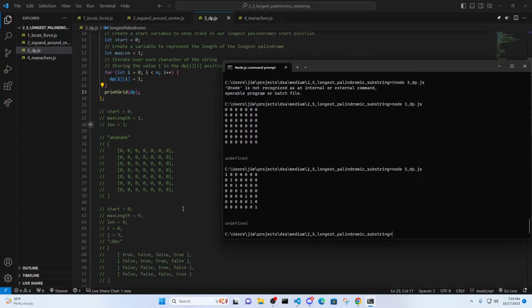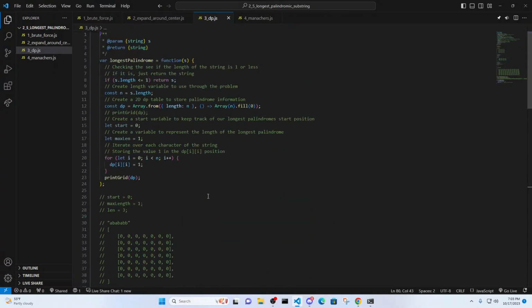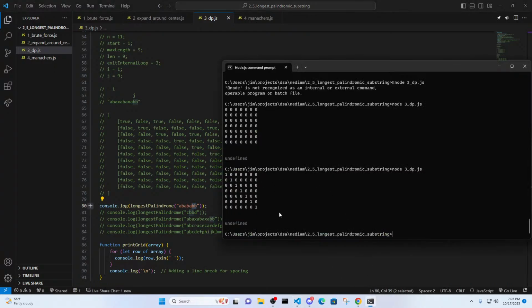So now, if you look at the string we have, it's A B A B A B B. Now we want to check to see if there are any palindromes with 2 characters in a row. In this string, we have 2 characters in a row at the end. So let me ask you this. Given this grid that we have, where is that 2 going to show up?